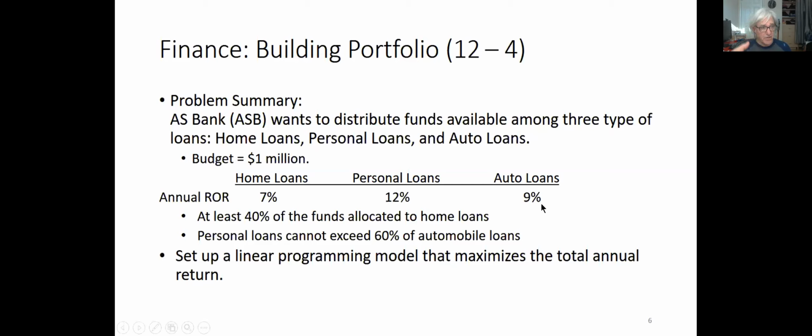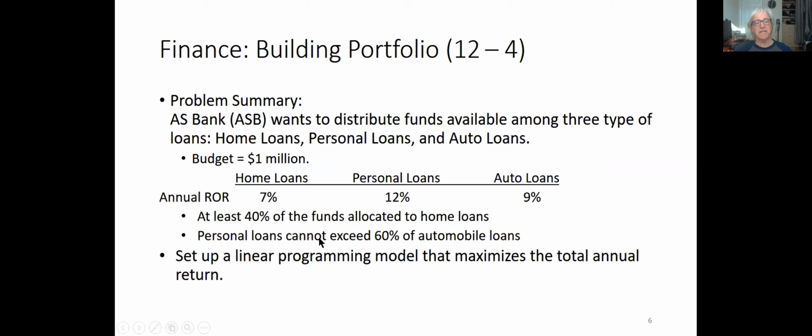So you give instructions to the finance manager telling him how he can play with the money. At least 40% of the funds must be allocated to home loans. Home loans is the least profitable, so the danger is that you will just neglect it and go with the others. No, at least 40% of the funds must be in home loans. Usually if the return is lower, the risk is also lower.